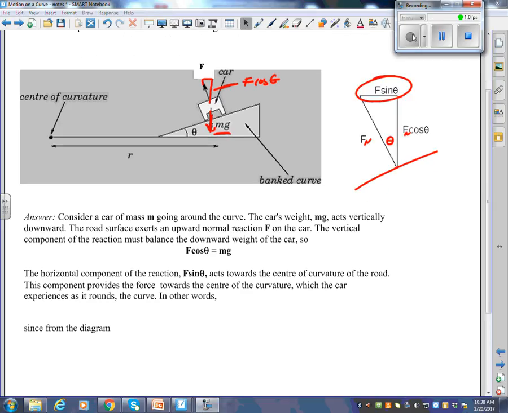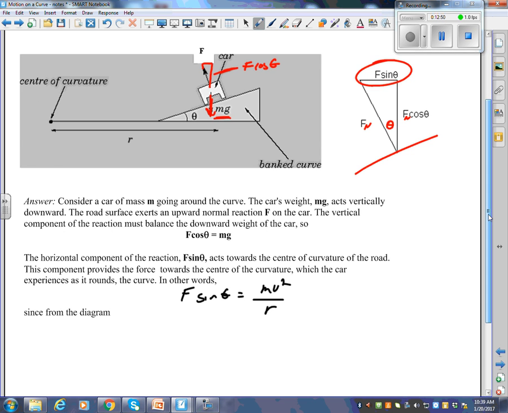In other words, you should see here F sine theta is equal to mv squared over r. So this component of the normal force, F sine theta, has to provide the centripetal force, which is mv squared over r. Do you get a feeling there's going to be some canceling happening here? Yes. Okay.